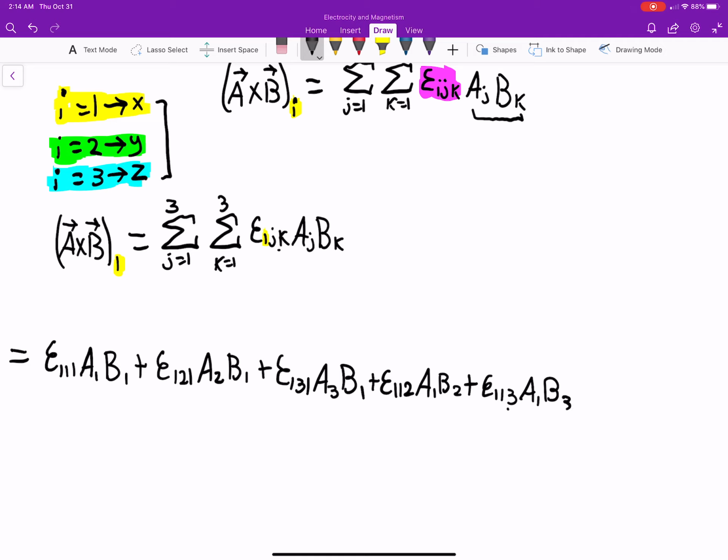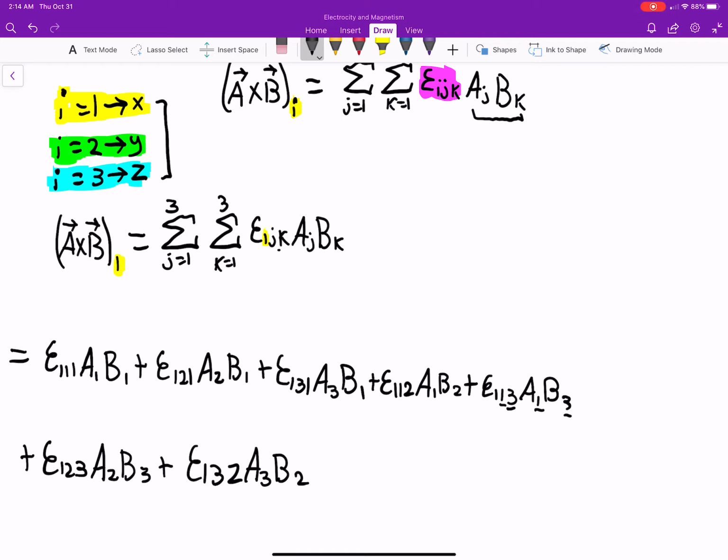So I'm just matching this with the K, this with the J. Okay, let's come down here. So that's a few. Let's see, what else can we do? We could do 1, 2, 3, right? And that's A2, B3. What else could we do? We could go 1, 3, 2. That's A3, B2.